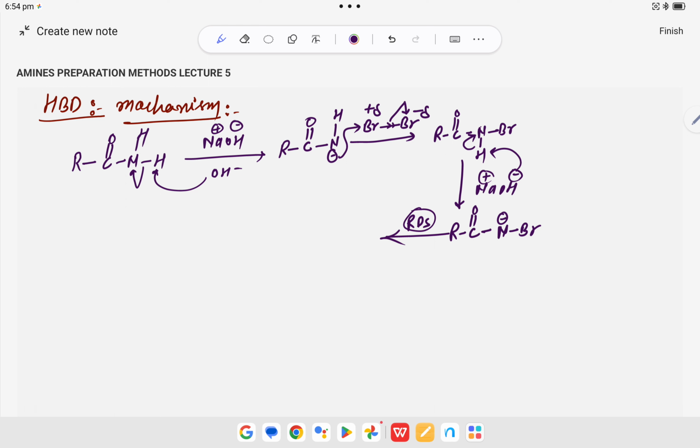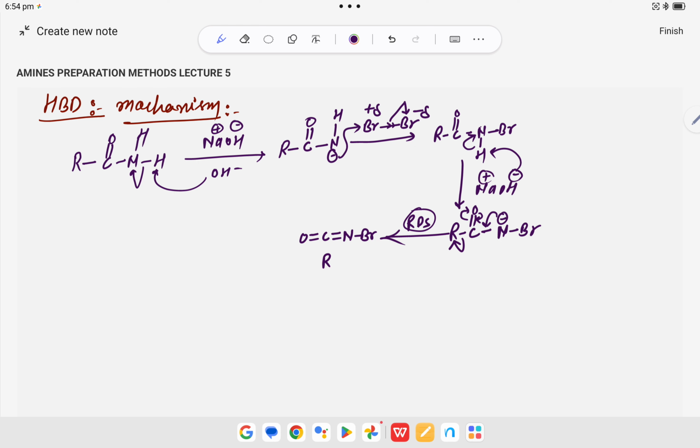That is the important part here. The oxygen electrons shift, then back bonding, and then R will leave. So we get oxygen double bond carbon double bond nitrogen with bromine attached.